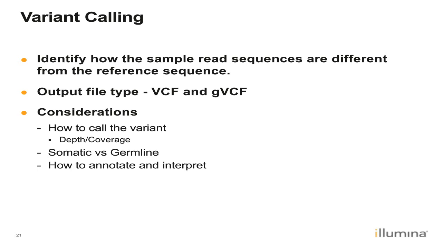This is going to be more your heterozygous, homozygous, what you would expect to see in normal hereditary patterns. And then another consideration, how you're going to annotate and how you're going to interpret these variants. So the VCF files contain all of the information about the variants that were found, but then it's still up to us as the researchers to go ahead and comb through those VCF files and determine what these variants mean.